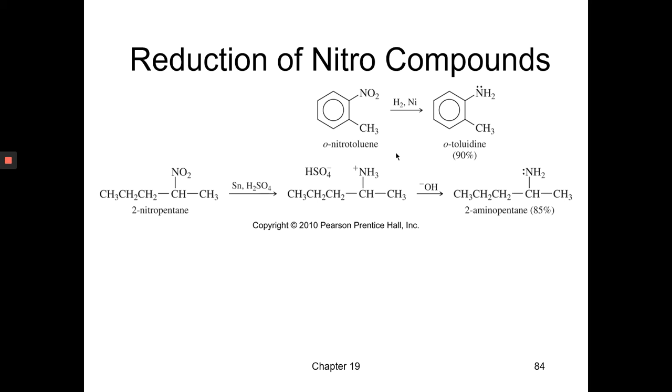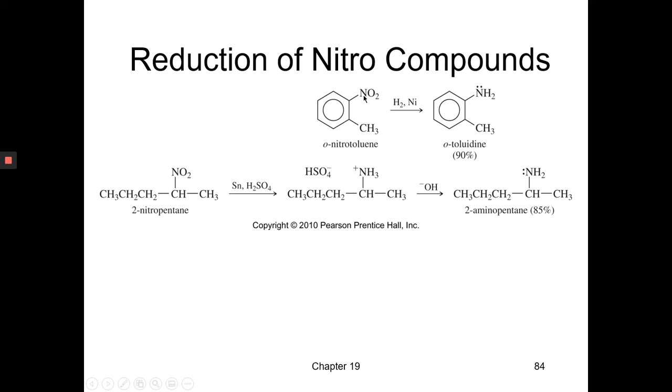We can reduce nitro compounds. Back in our chapter on aromatic substitution reactions, we didn't really have a good way of introducing an amino group to a benzene ring, but we can readily nitrate benzene rings.